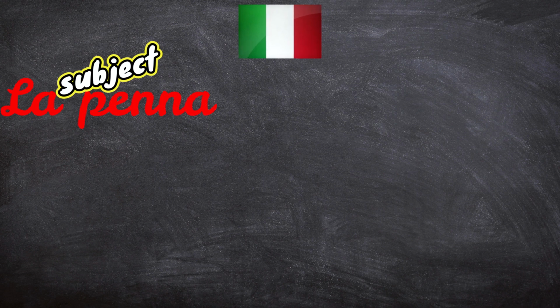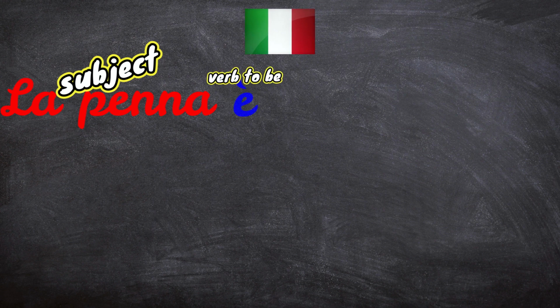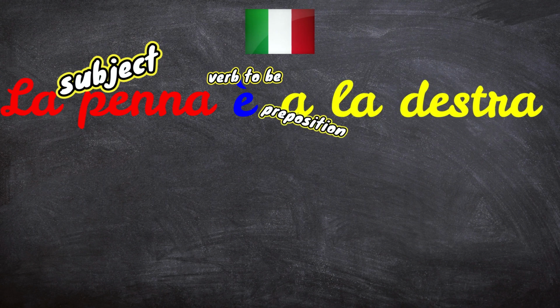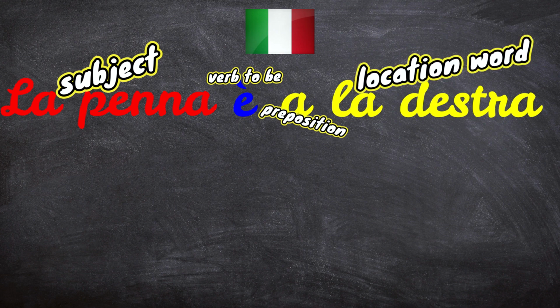So the subject works exactly the same. The pen is la penna. In Italian, penna is feminine, therefore you're gonna use la penna. Is becomes è, the Italian verb to be. The preposition to becomes a in Italian, while the right is completely translated into la destra.